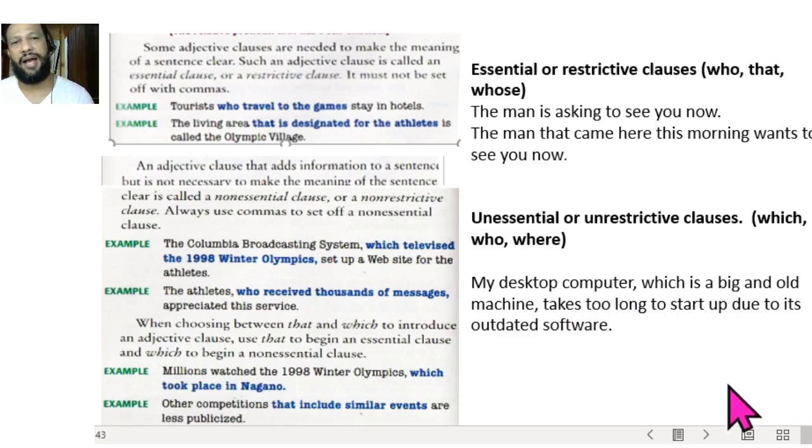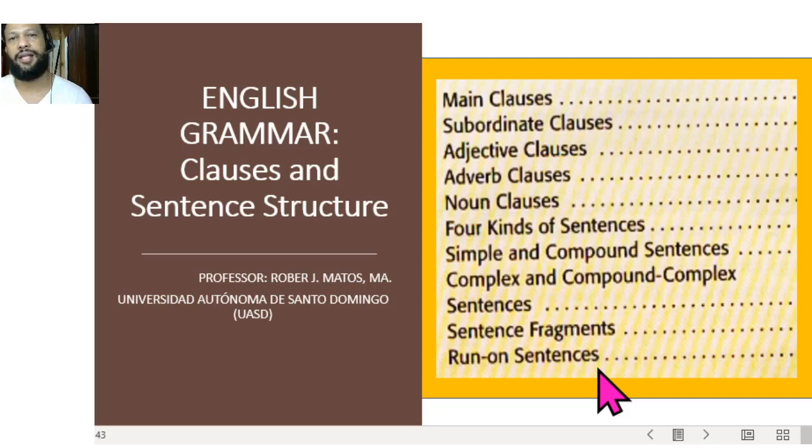It not only provides extra information, but the information is also redundant, because if it has outdated software, it takes too long to start up, so the computer is old. That's something you can imply. So this subordinate adjective clause might be non-essential. Context also helps to identify essential or non-essential adjective clauses.